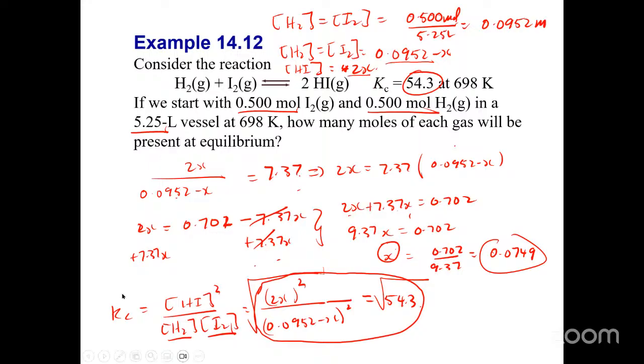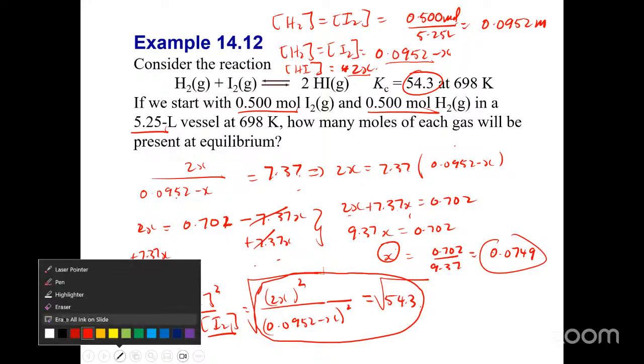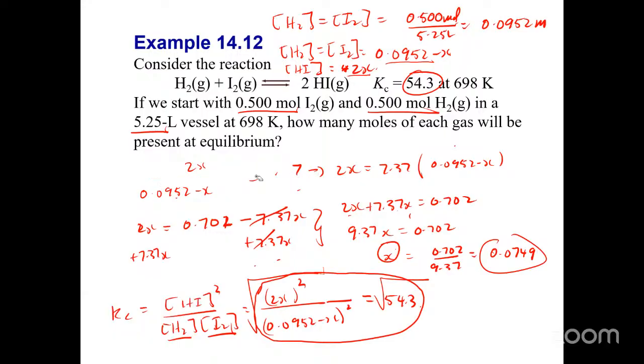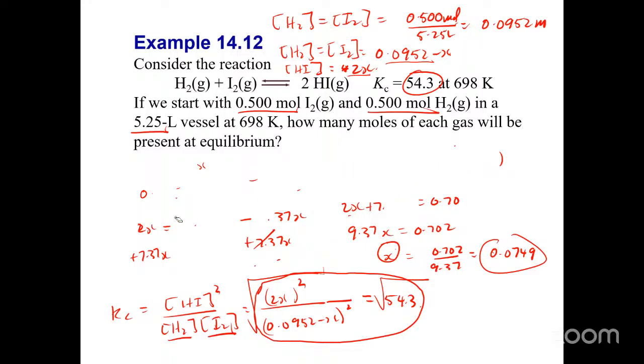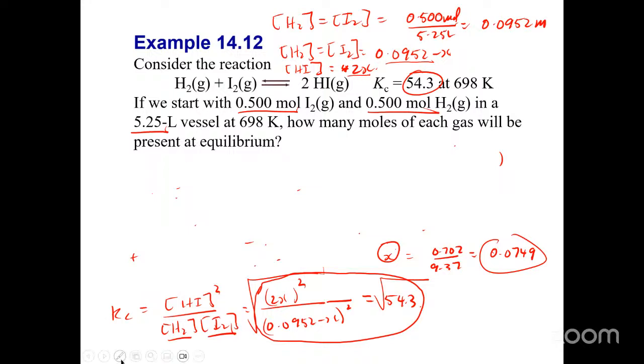Again, I need to do some erasure here to get some more space. So you put that number back into the concentration. In the case of the concentration of H2 and I2, it's the same calculation for both of them.